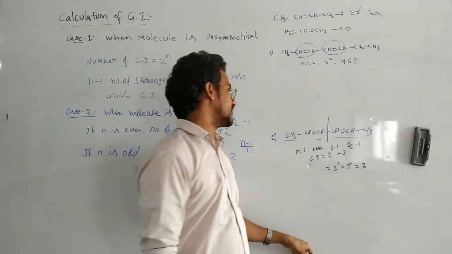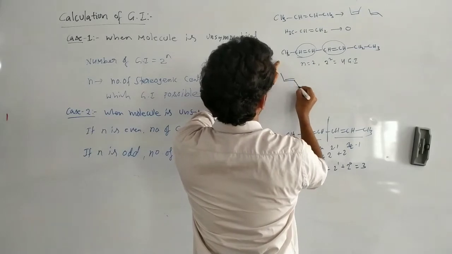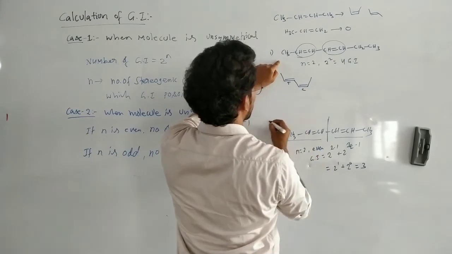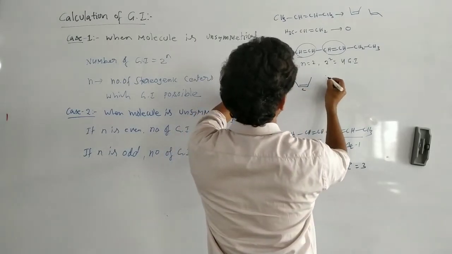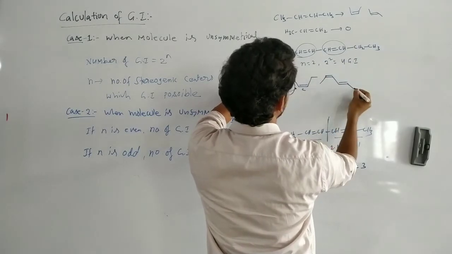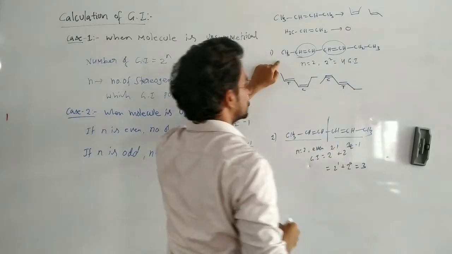Here in this case, you can see this one is a trans, this one is a cis. Ethyl, this ethyl. Here cis, here trans, that is the second isomer.